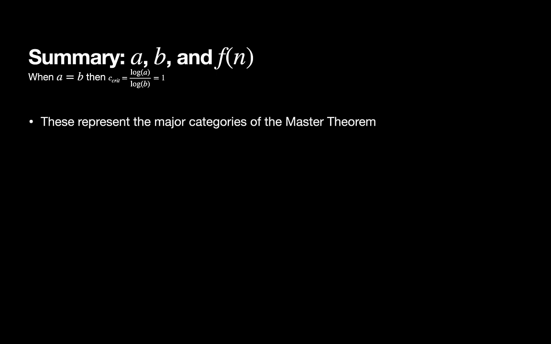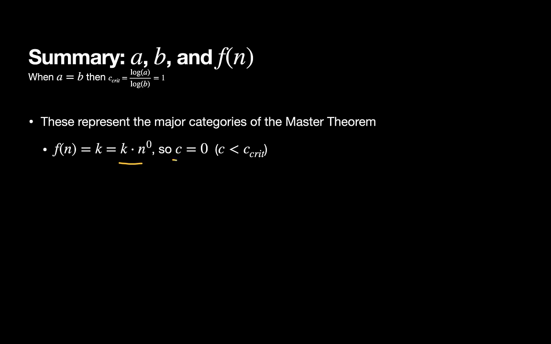So we've got these kind of three categories of the Master Theorem that are represented by the examples that I've just covered. So in all three examples, a and b were the same value. They were both 2. And we looked at an example where f of n was a constant k. And we could think of that as being k times n to the 0th.